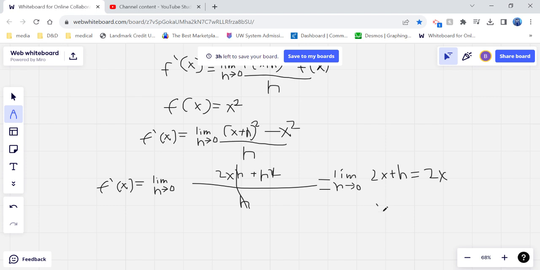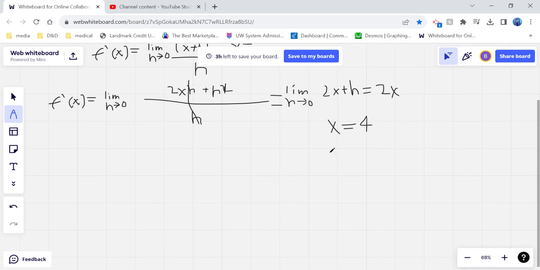So let's say x equals 4. The slope, or instantaneous rate of change in this case, the rate of change of the function at x equals 4.